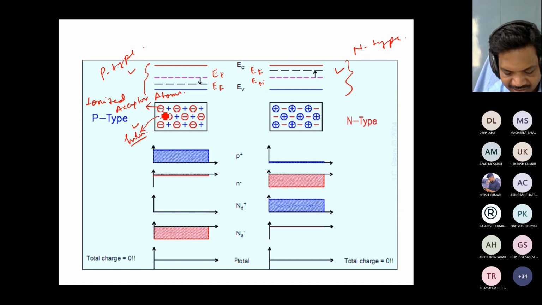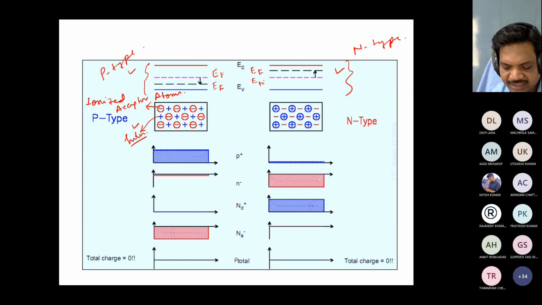And the encircled minus sign represents that whenever there is such a deficiency of 1 electron, it can accept 1 electron from any other neighboring atom by breaking the covalent bond, because there are so many germanium atoms, and with respect to that, only a few atoms are replaced.